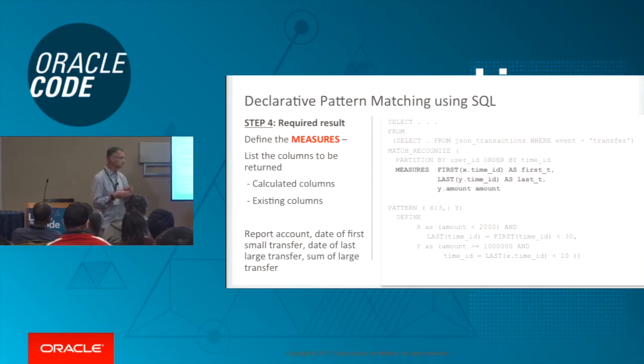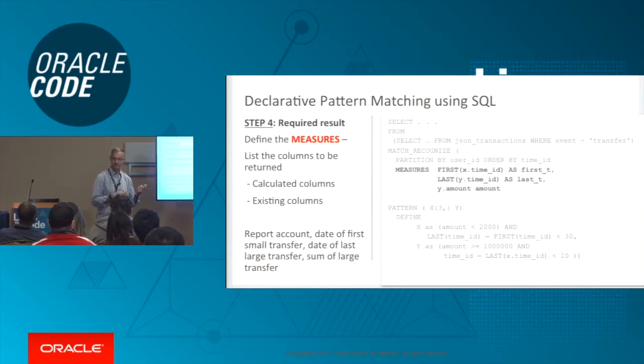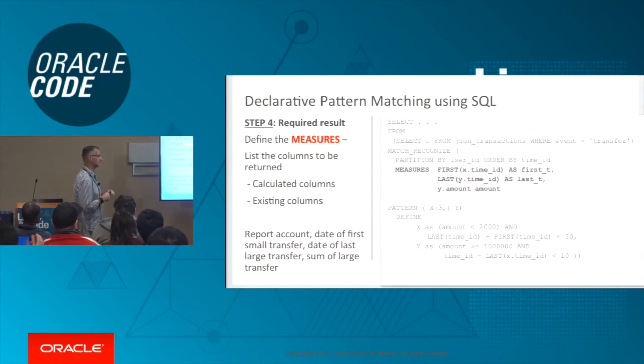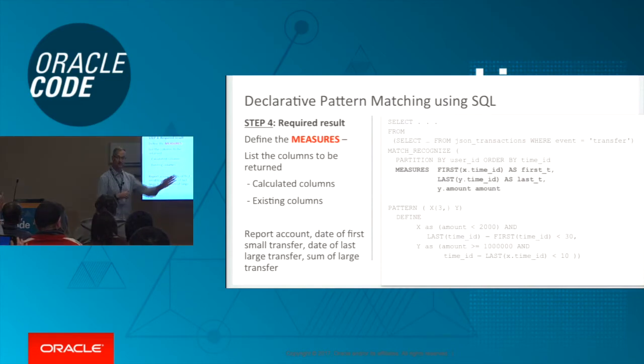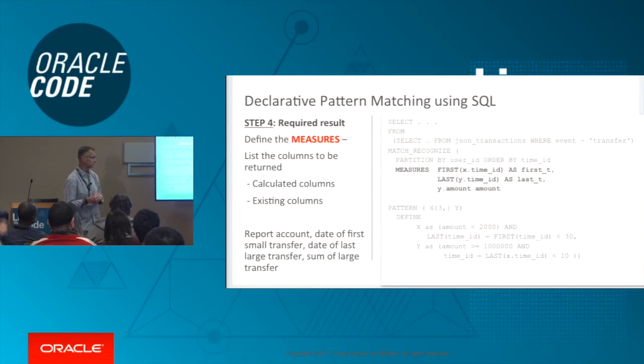Now, coming to what do I want to see reported? This is a new clause within the SQL statement, which is called measures, where in that case I want to see the first of the X events, the small transfer, and I want to see the last of the Y events, the last transfer. The information within the measures could be specific data points, like you have seen here, or it could be aggregations or cumulative aggregations, final aggregations, and so forth.